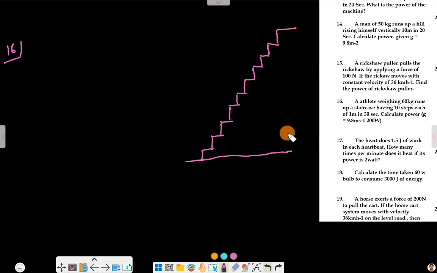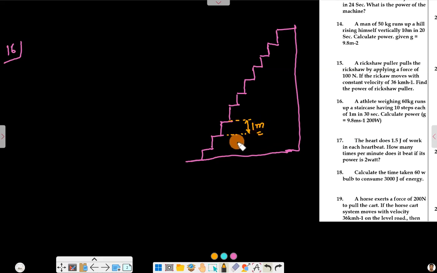This is ground level. Okay. So 10 steps, each height of 1 meter. So this height is 1 meter. This height is 1 meter.